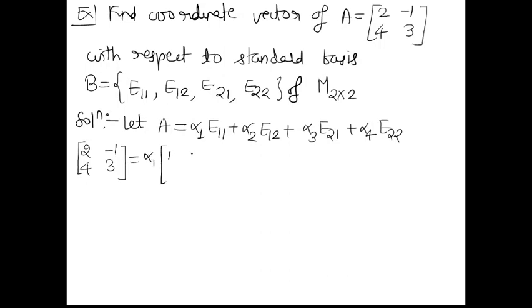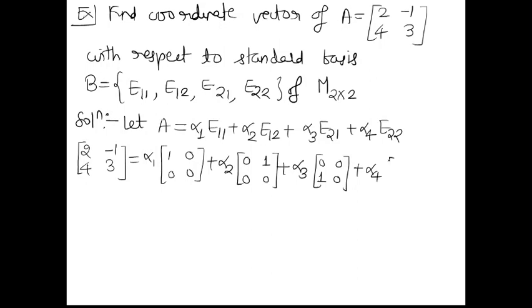times E11, which is 1, 0, 0, 0. Alpha 2 times E12 means the matrix of size 2 by 2 where the entry in the 1 2 position is 1 and the rest of the entries are 0, plus alpha 3 times E21, where the entry in the 2 1 position is 1, remaining all elements 0, plus alpha 4 times E22, where the entry in the 2 2 position is 1, remaining all elements 0.